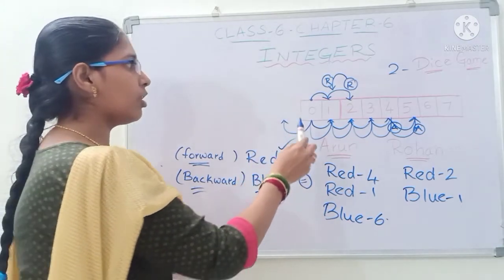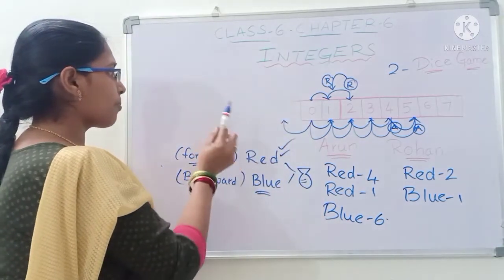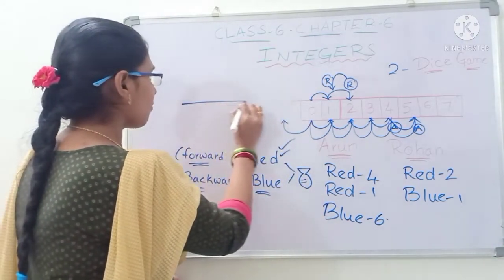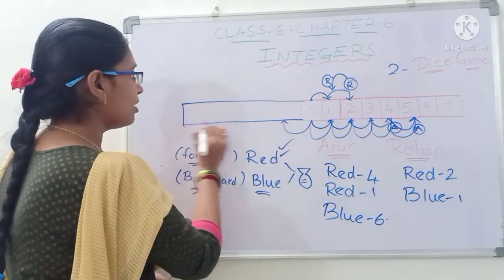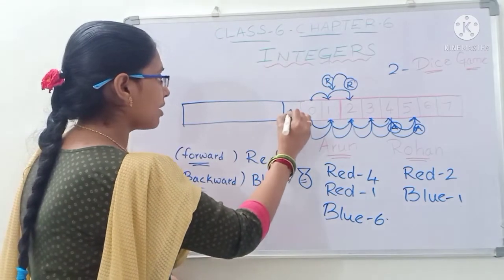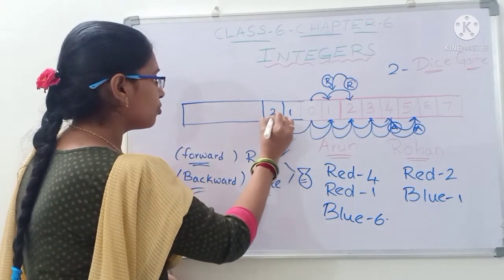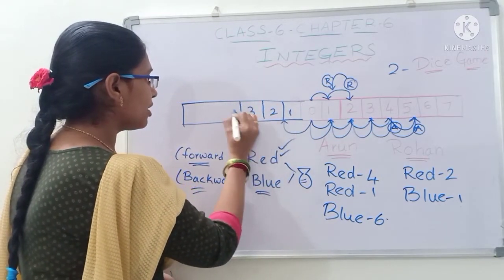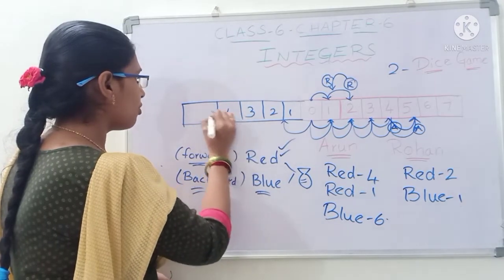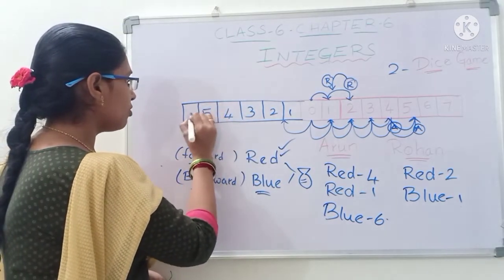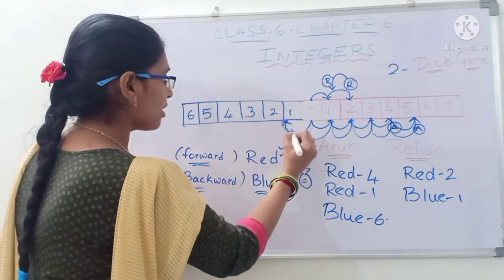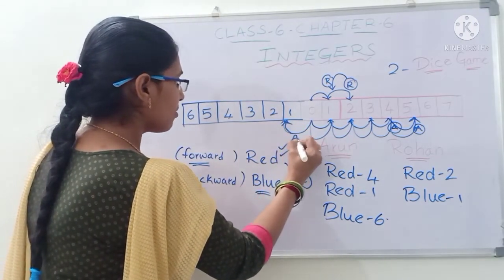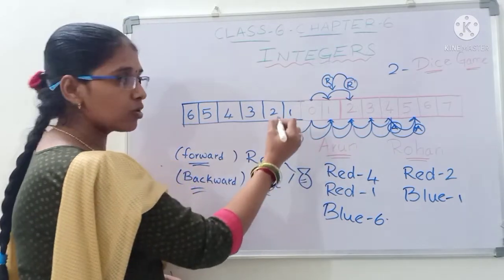So, let's draw another strip here and mark the numbers again here. 1, 2, 3, 4, 5, 6. So, Arun is at position 1 here. But this one is below 0.